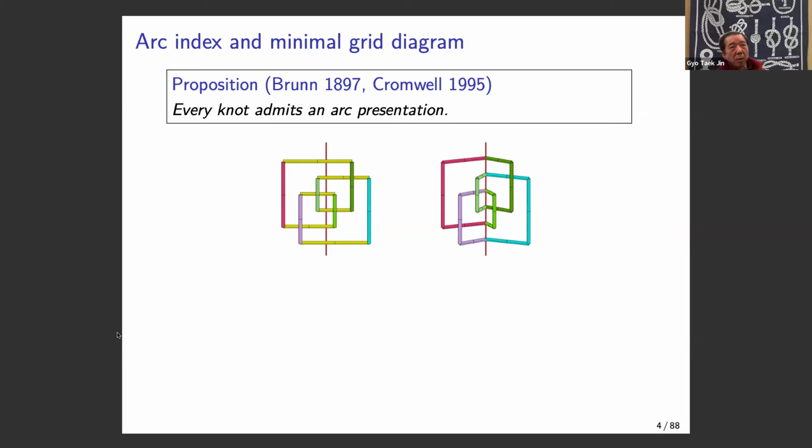Every knot admits a grid diagram, as I told you just before. And then you can bend horizontal segments so that they touch a vertical axis behind the diagram. Then, as you see, the vertical segments correspond to a half plane containing an arc, with the common boundary line along the axis.